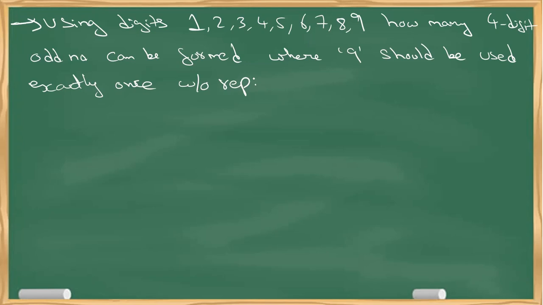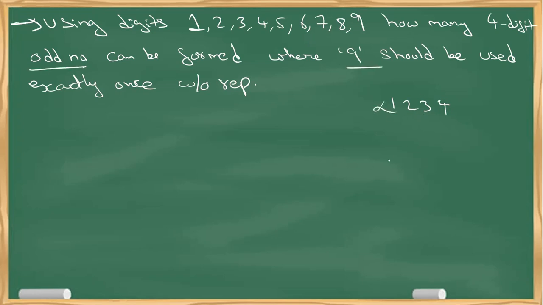So please pause it and try using note 1 and note 2 by yourself. But before starting, you should get clarity on what they are trying to ask. They are saying, I want a 4-digit number using 1 to 9, and 9 has to be used exactly once. That means 1, 2, 3, 4 has to be an odd number also, it should be 9.